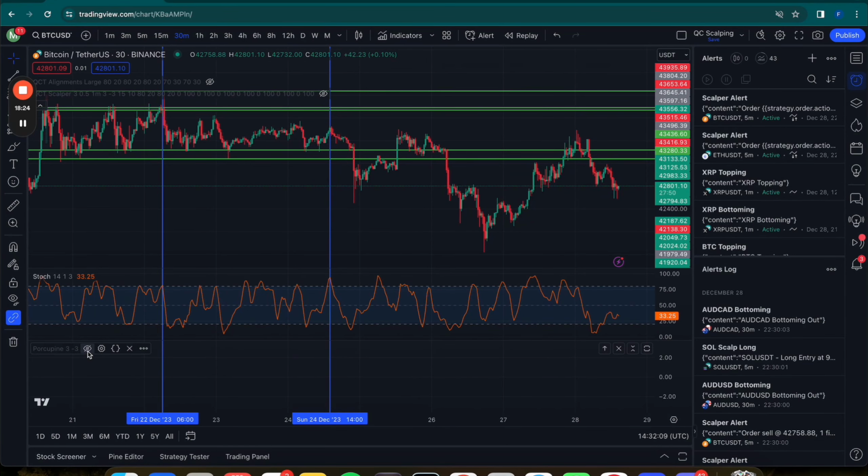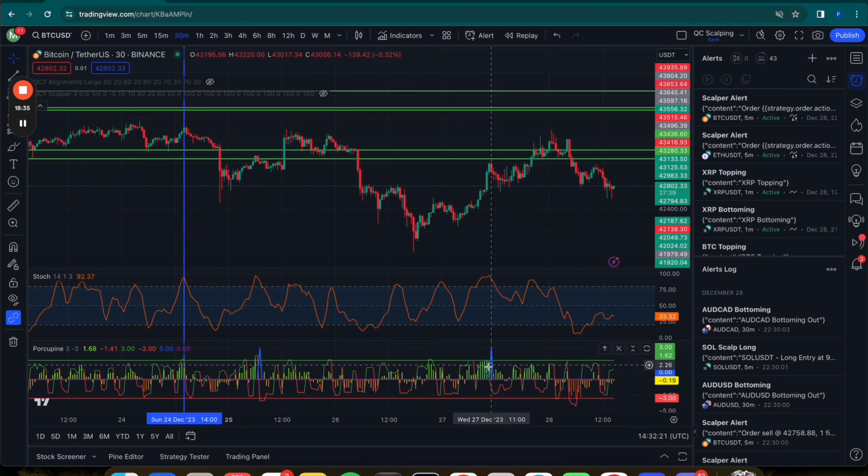So the Porcupine indicator works like this: these levels that you have here are a combined score of the 30-minute and below. When you look at the waves or the oscillations of these bars, they are pretty similar to the 30-minute, right?